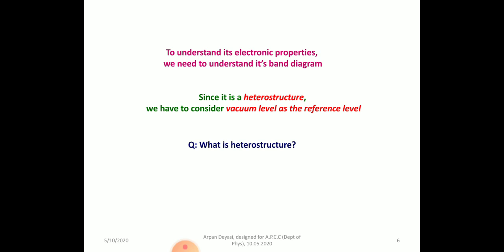Because metal, insulator, and semiconductor don't have the same band gap. You know that the insulator has the highest band gap, the semiconductor has moderate band gap, and metal has almost zero band gap, so there is no band gap, better to say. So if different materials, different with respect to band gap, make a junction, it should be a heterojunction, it's not a homojunction.